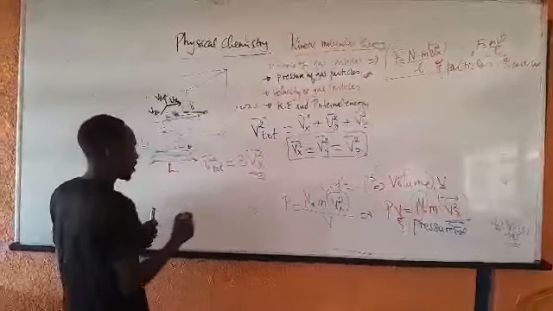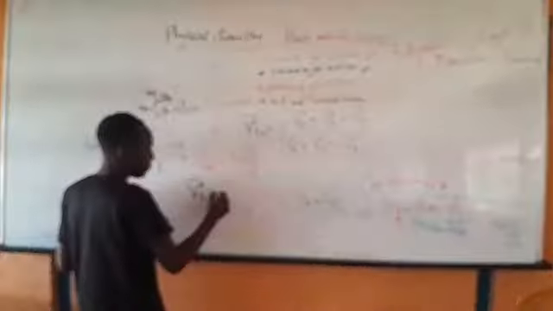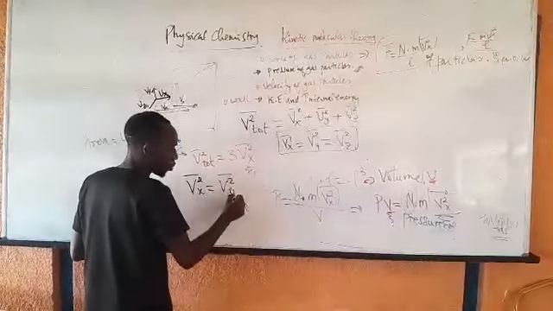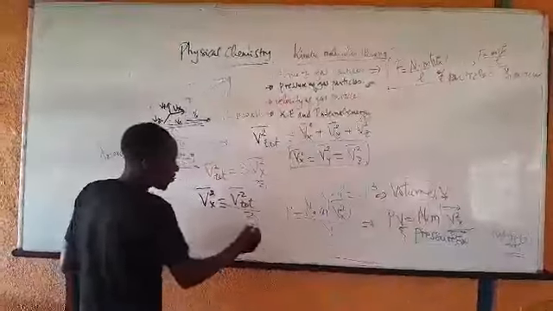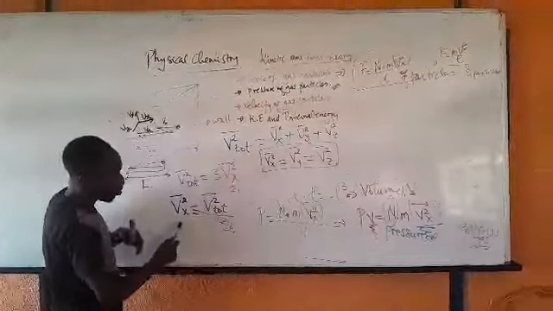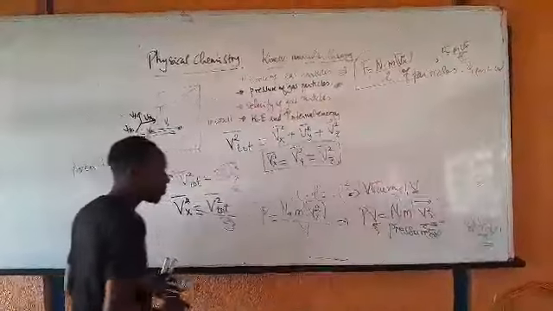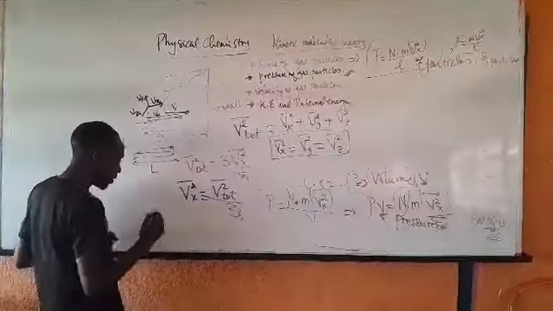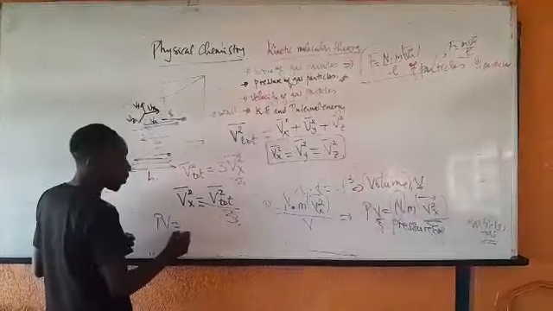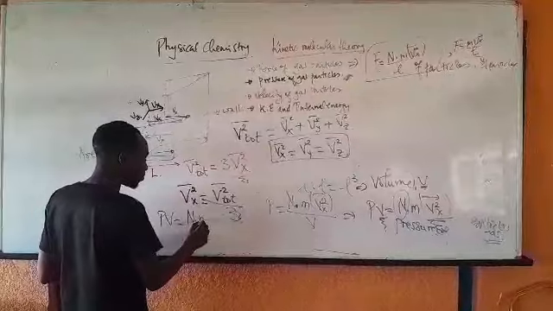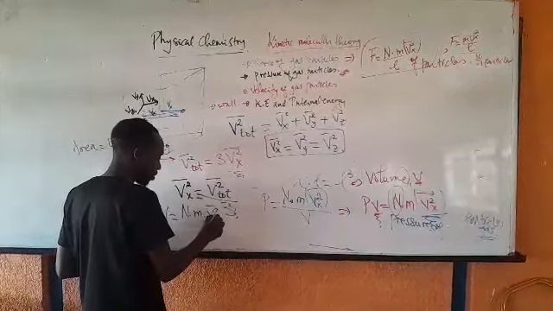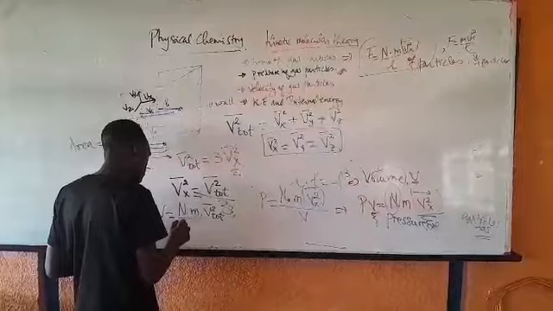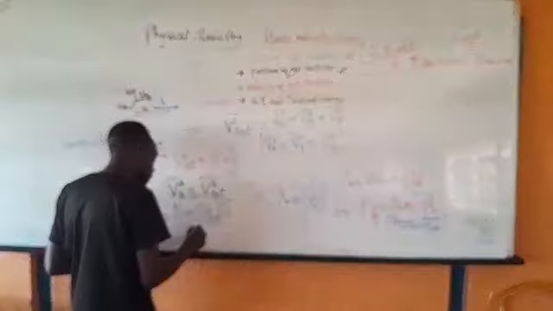If you replace this into this formula, we're going to have PV equal to the number of particles times their mass times this V total squared over 3.